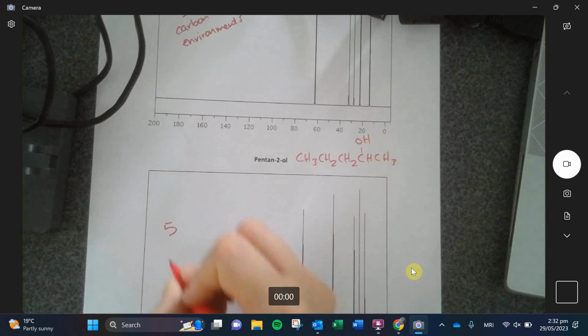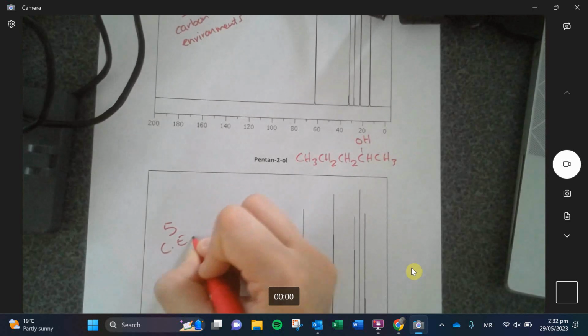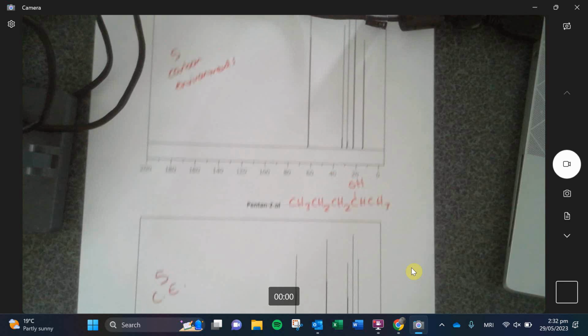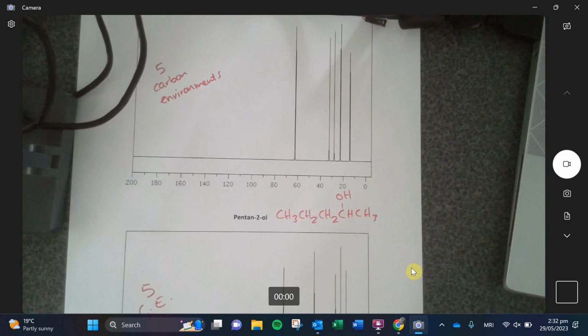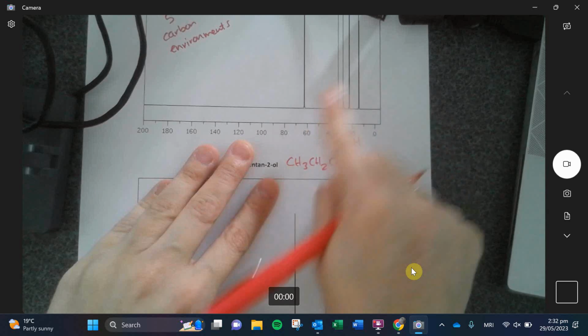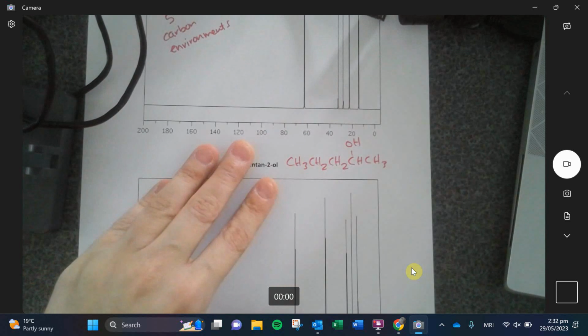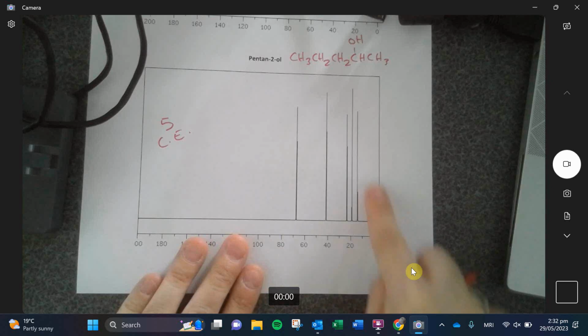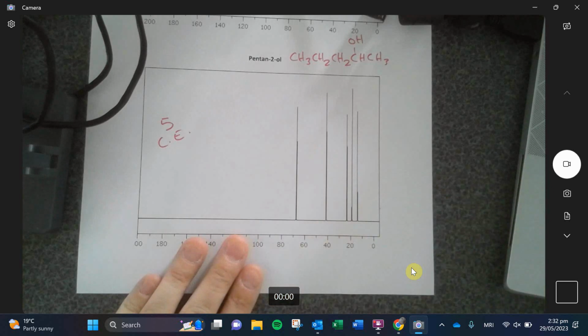So 5 as well. I'm just going to write CE to shorthand it. But do these two spectra look the same? No. What we can notice here is that in this one the peaks are quite clustered together, with one coming a little bit further out. And in this one, we have 2 that are a bit further out and 3 that are clustered together.